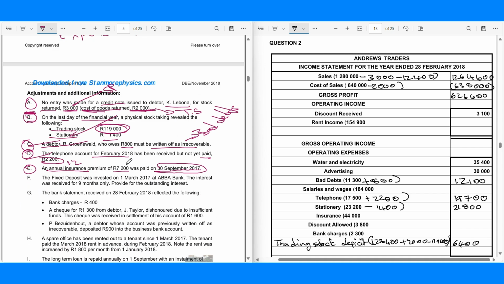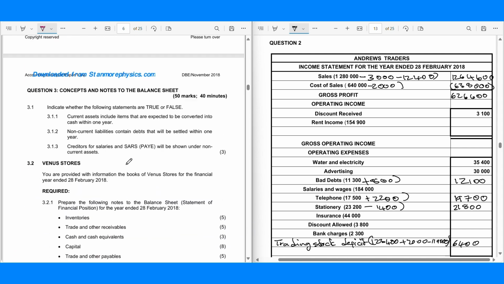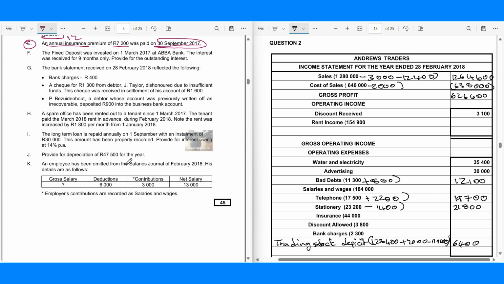But when you check there, they are saying that it was paid on 30 September. So this is 1 March 2017. This is 28 Feb 2018.